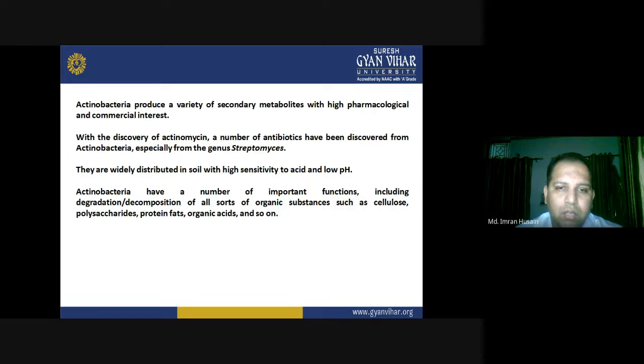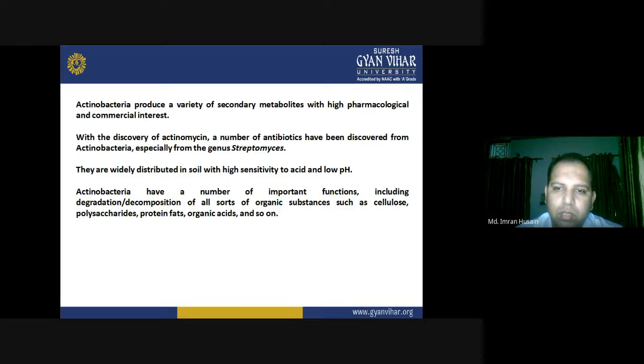Actinobacteria have a number of important functions, right? Including degradation and decomposition of all sorts of organic substances such as cellulose. Their main function is to break down complex organic molecules into simpler substances, right?